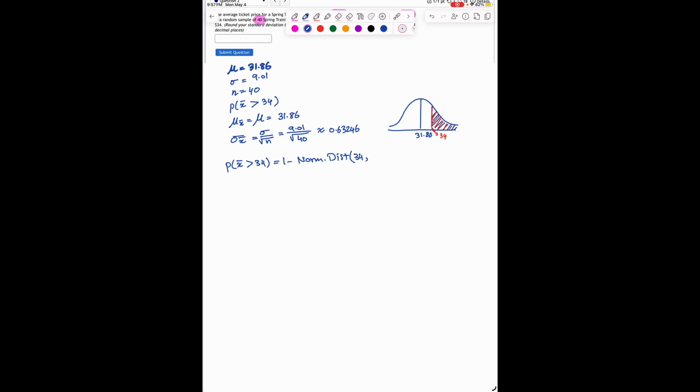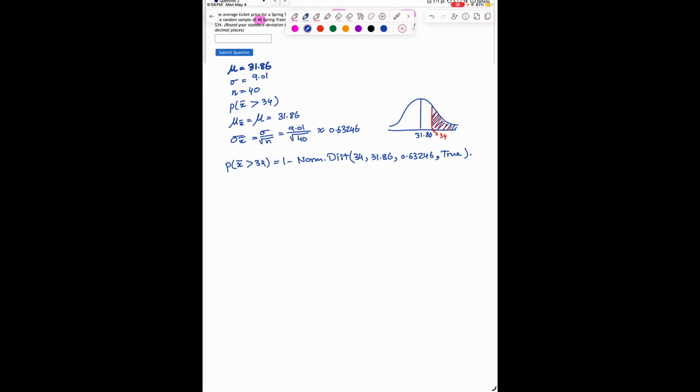And the mean is this mean right here, 31.86. And the standard deviation is basically the standard error, which is this value right here, because we're working with the distribution of sample means. So 0.63246, and then comma true for cumulation. And then you plug that into your Excel and compute the answer.